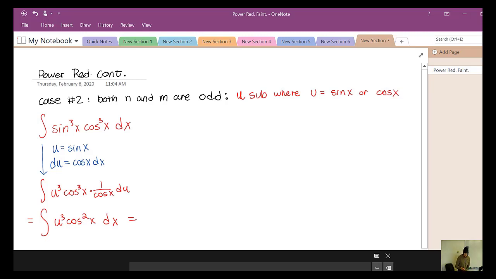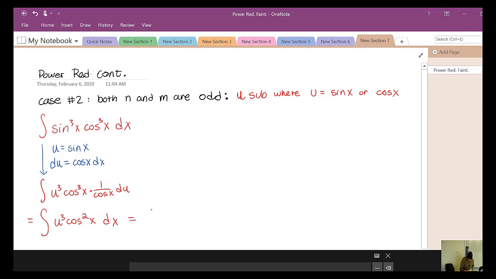So here we run into a problem in that it's no longer in terms of sine, but how can I change cosine into terms of sine? Sine squared plus cosine squared equals 1. Therefore cosine squared is going to equal 1 minus sine squared.